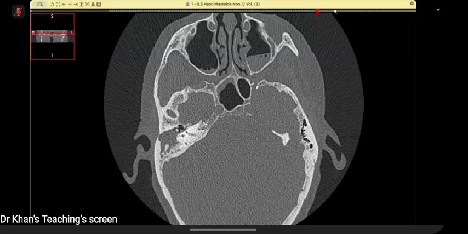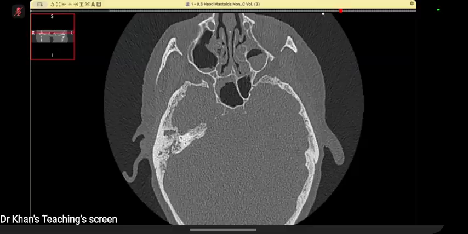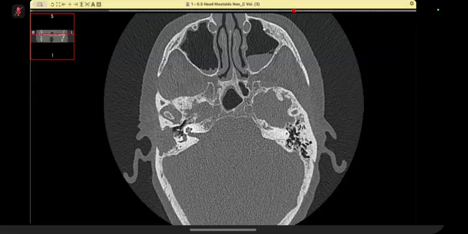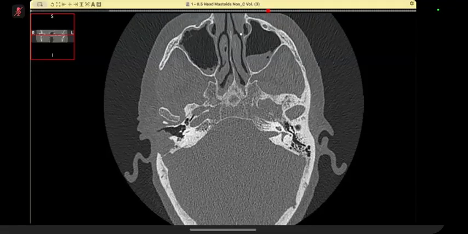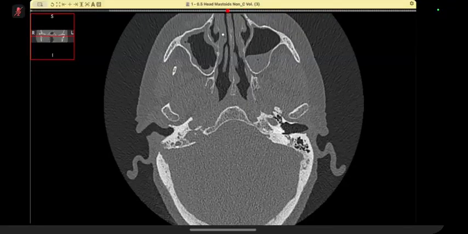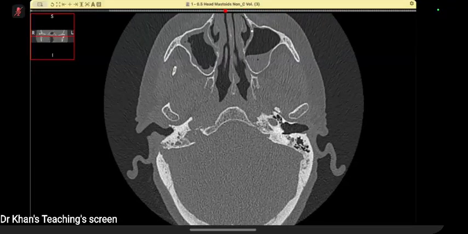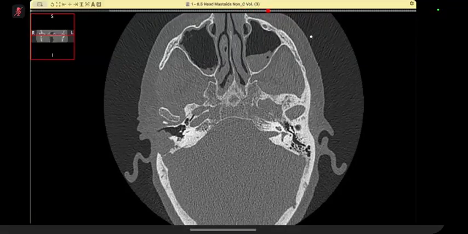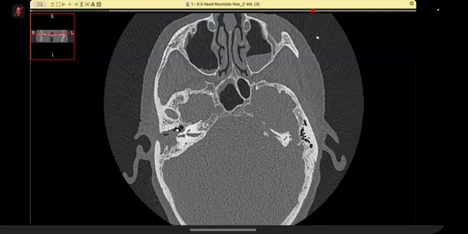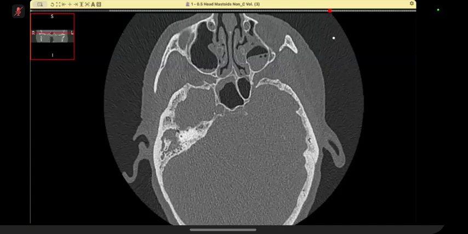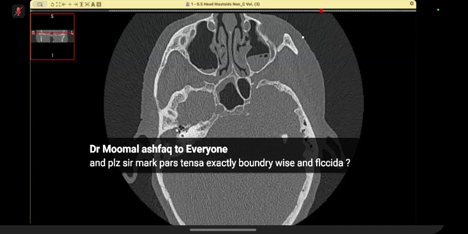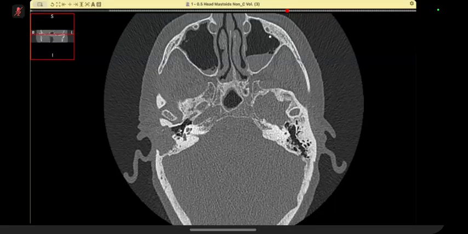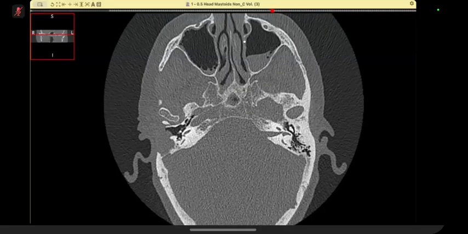Okay, I am going through the images, and I can see that there is a soft tissue opacity, and it is destroying the right mastoid ear cells. It is occupying the right external auditory canal. I cannot appreciate a normal anatomy on this side since this is a post-surgical case.